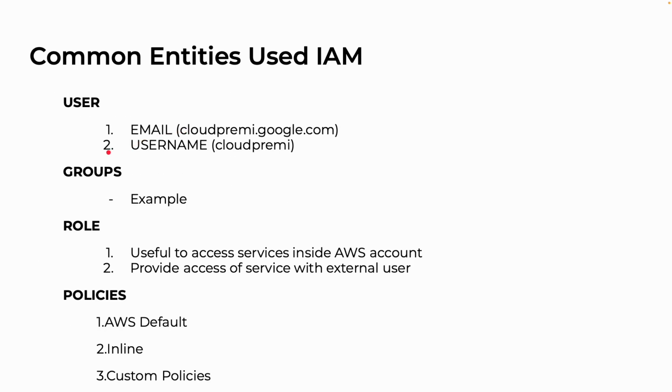The second option is the username. It's not necessary to add the email as a user; you can add a username as well. If you don't have any identity provider, you can use a simple username. By this, we can give these users access to our AWS console.